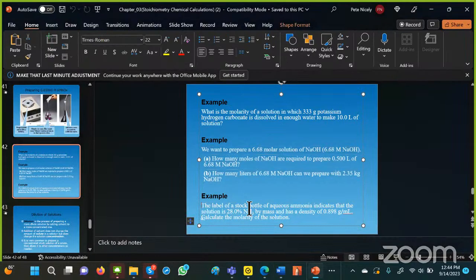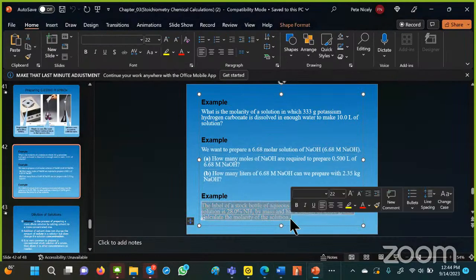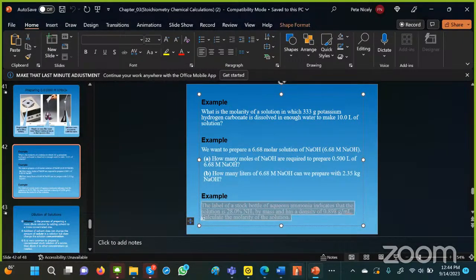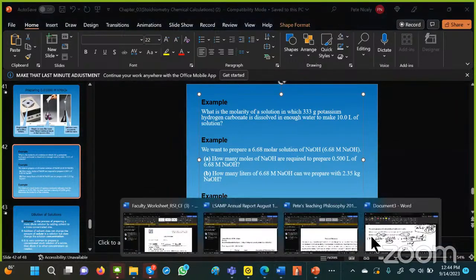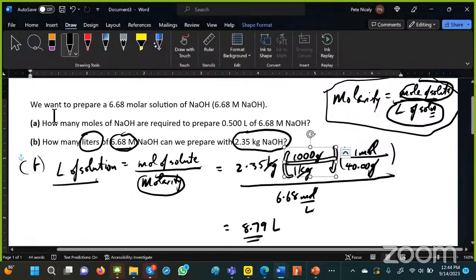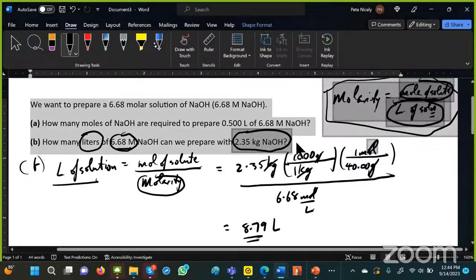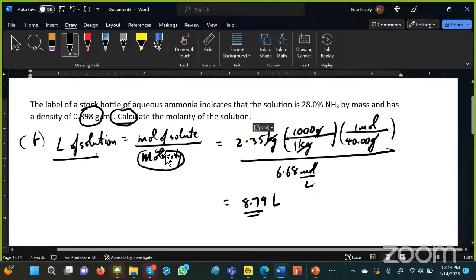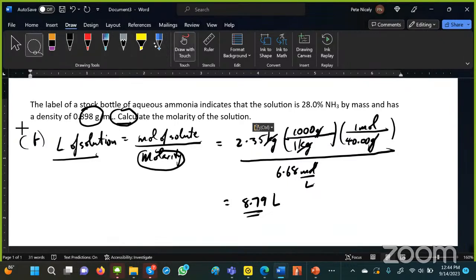Now this one, I'm going to just copy and paste again. And let me erase the writing. Oops.